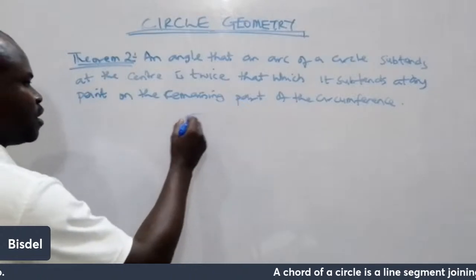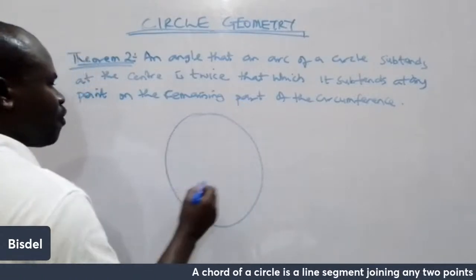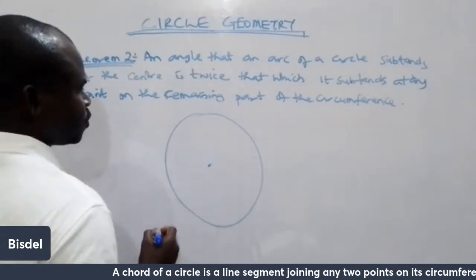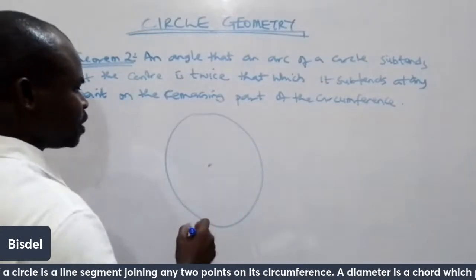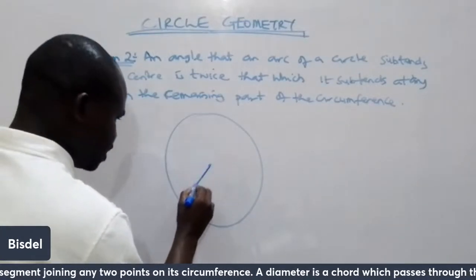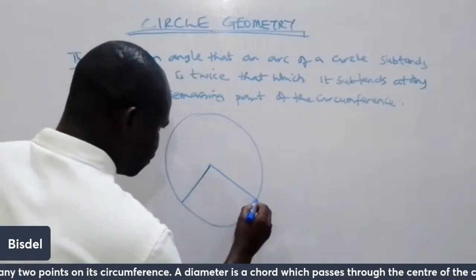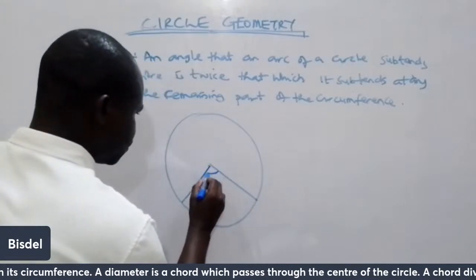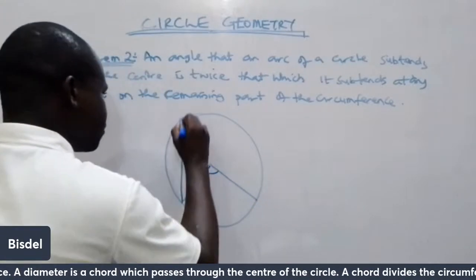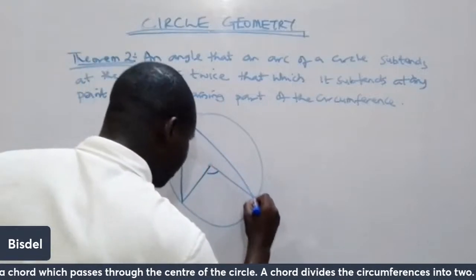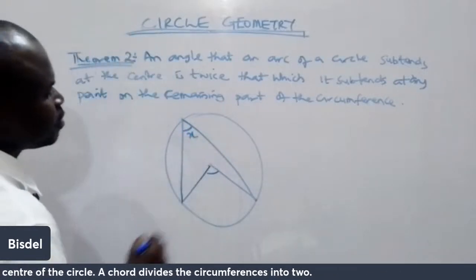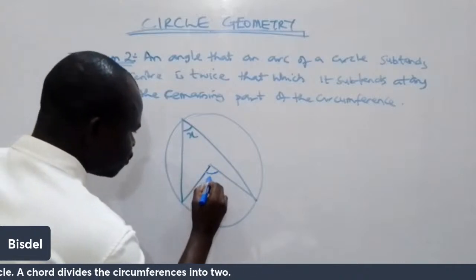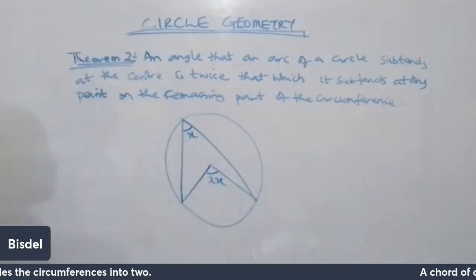That is, the theorem is telling us that, of course, this is the center of a circle, and all this circular part is the circumference. So let's assume that we have an angle, and maybe this angle is at the circumference. So the angle at the circumference, if this is x, the theorem is telling us that the one at the center will be equal to 2x. That's what the theorem is telling us.